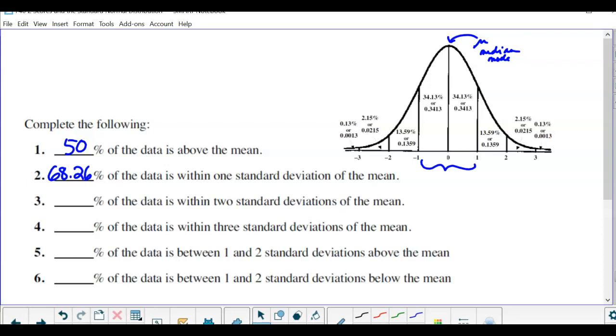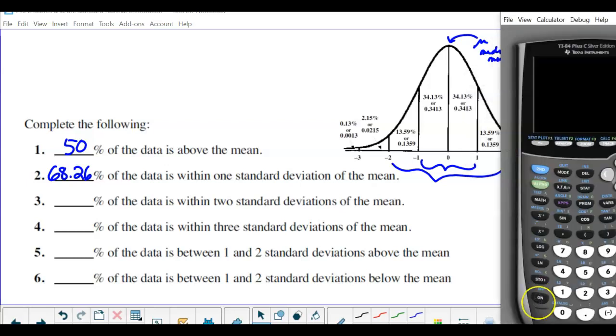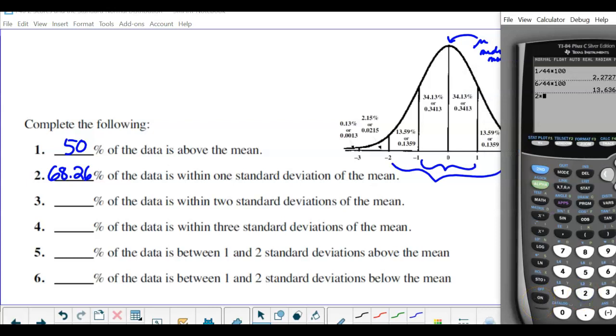Two standard deviations of the mean would be there. So it would be what we already have there, plus twice 13.59. Let's do 2 times 13.59 plus 68.26.